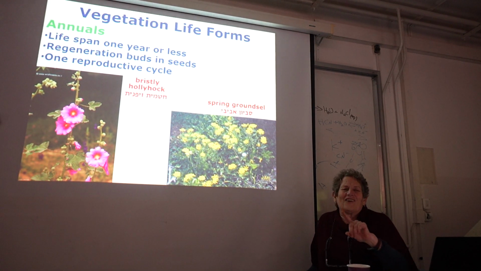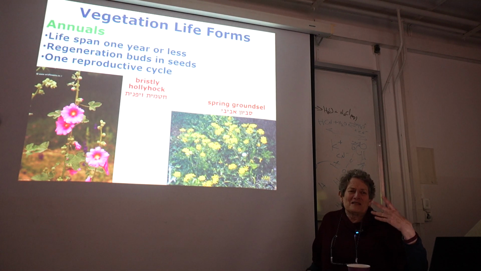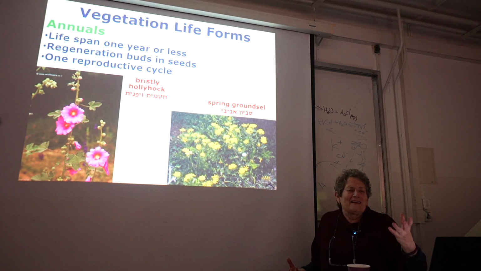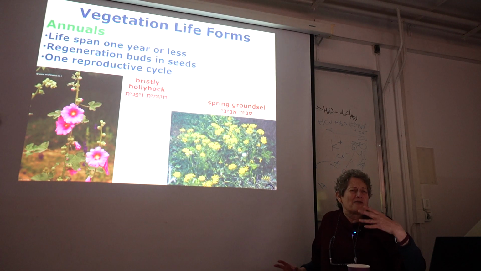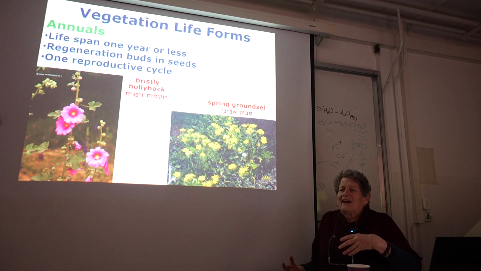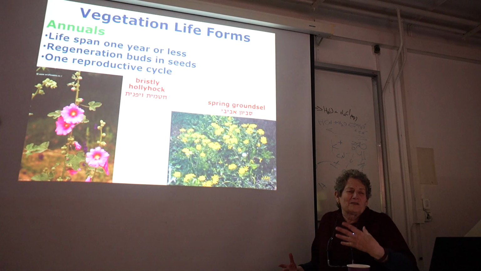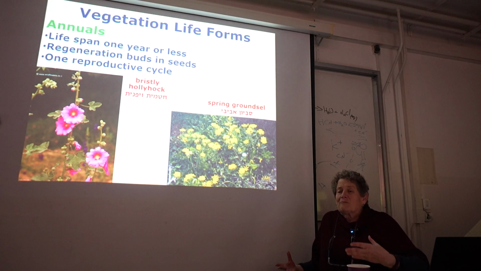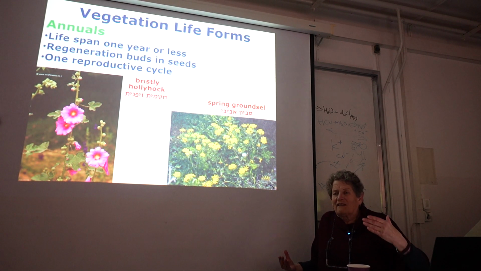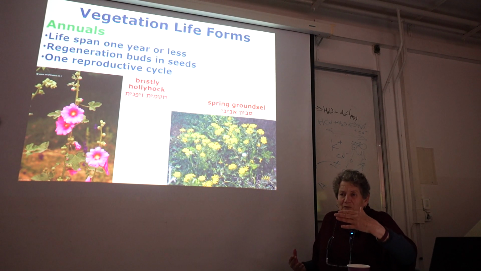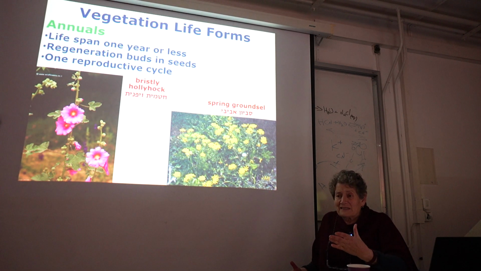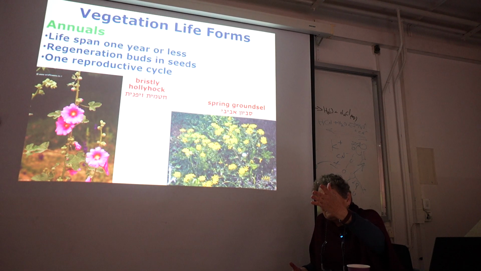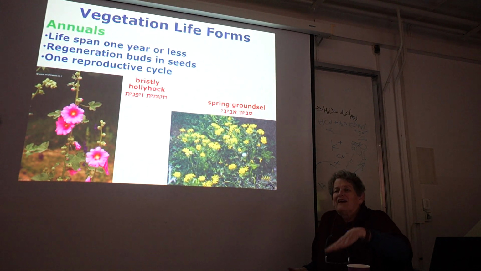Another thing: we spoke about endothermic and ectothermic animals, and I told you that actually plants are all ectothermic. Plants are very dependent on temperature for their rate of development. So where do you live? In Jerusalem.